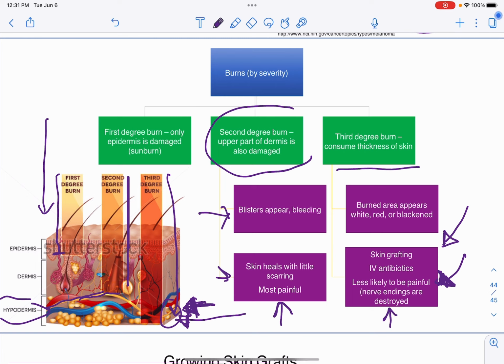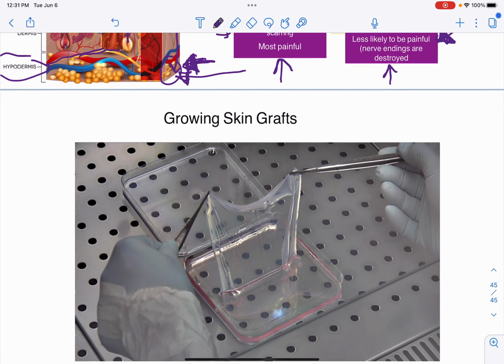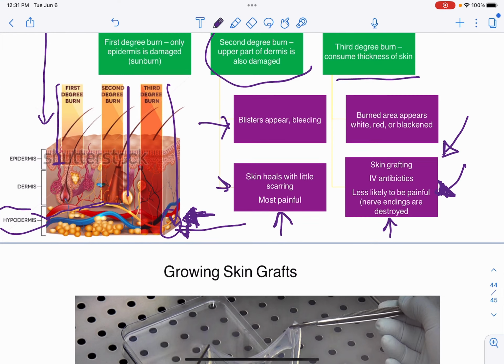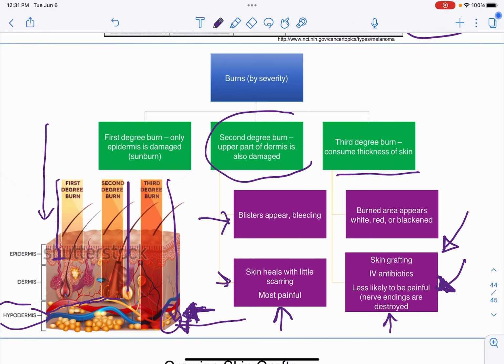With third degree burns, you are left with very few options, one of those being skin grafting. There are labs studying skin and trying to grow skin in vitro in a culture dish so that you don't have to take it from your own body. New studies are coming out trying to develop skin within the lab.